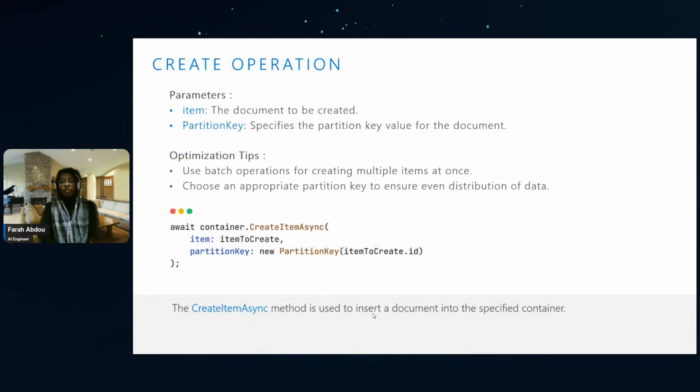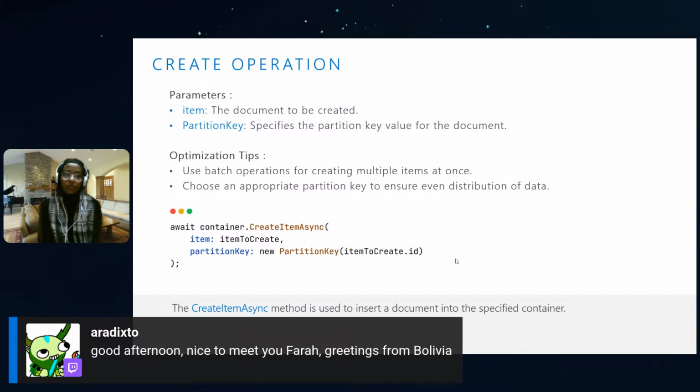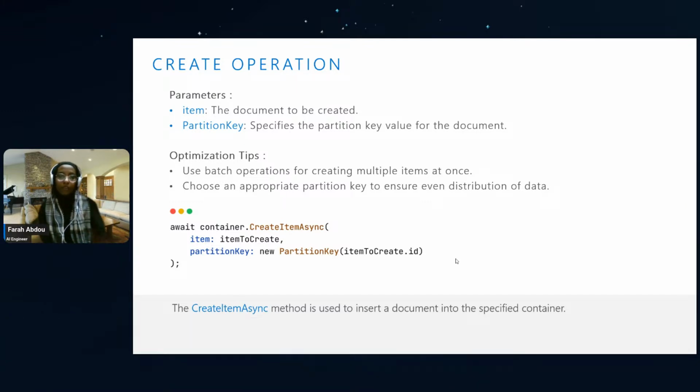Starting with the create operation. I have a snippet of code here that is more general, so you can use it in your own code. Here I have CreateItemAsync, which is what we create items with. It has parameters like the item and the partition key. The item is the document to be created, and the partition key specifies the partition key value for this document.